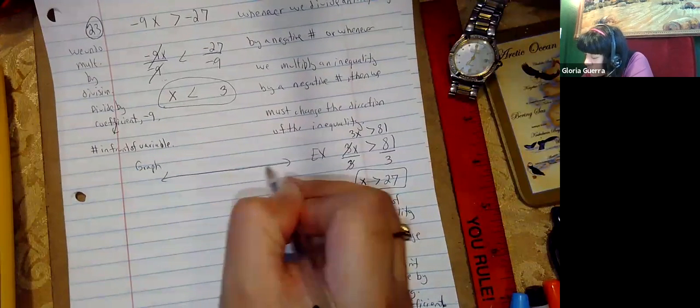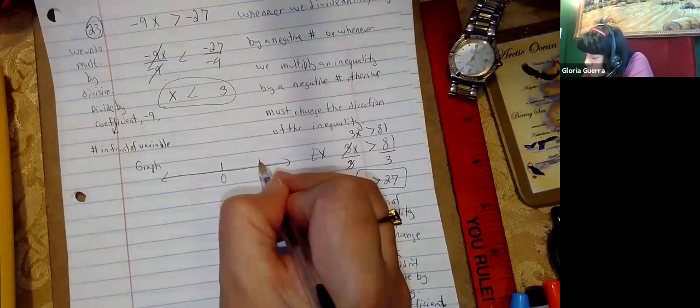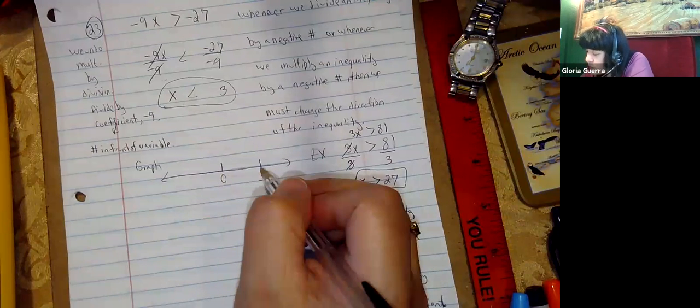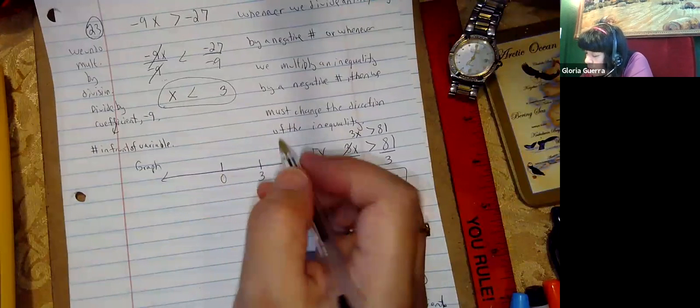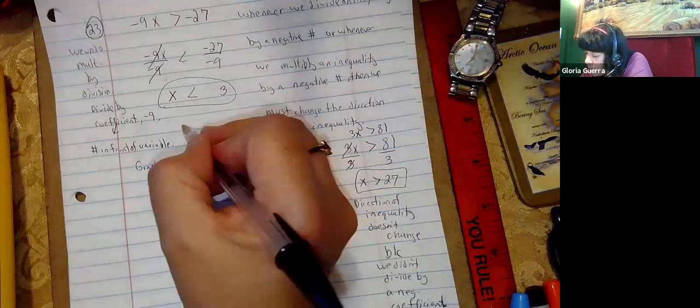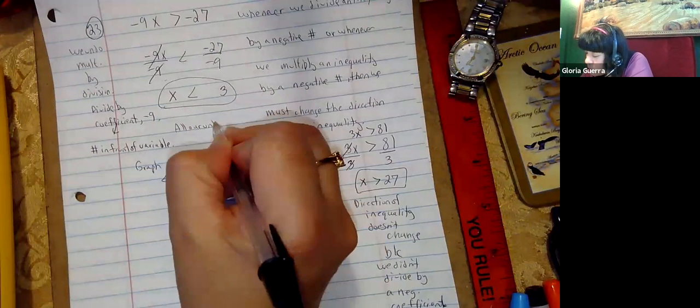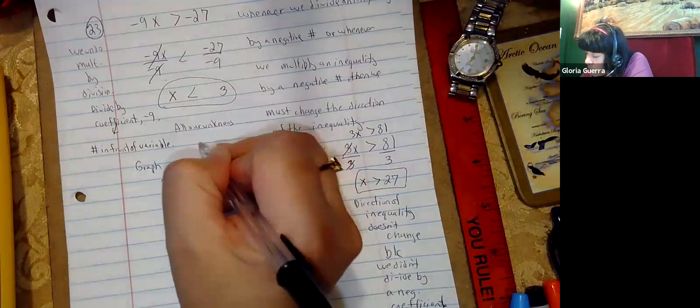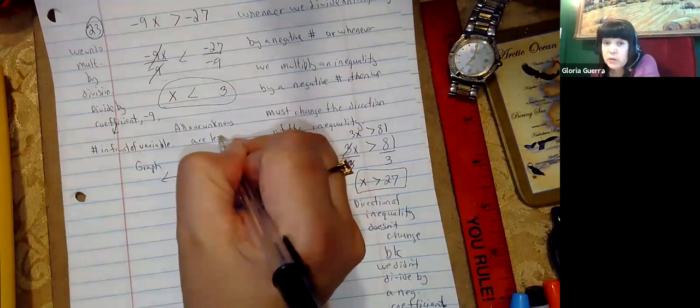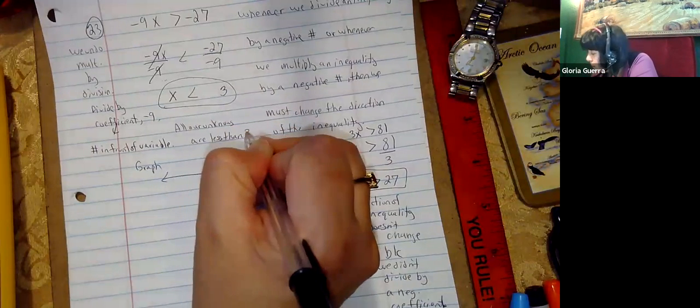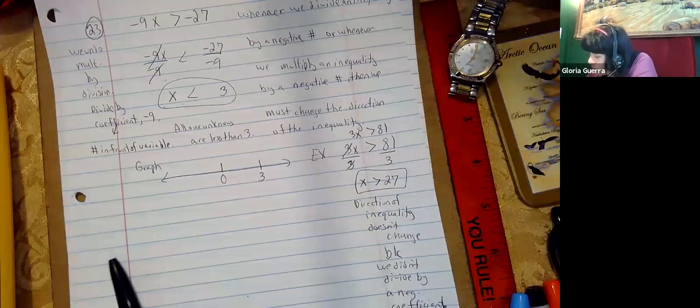so here's 0 and here's 3, and this is saying that all our unknowns are less than 3. Not less than or equal to, just less than 3.